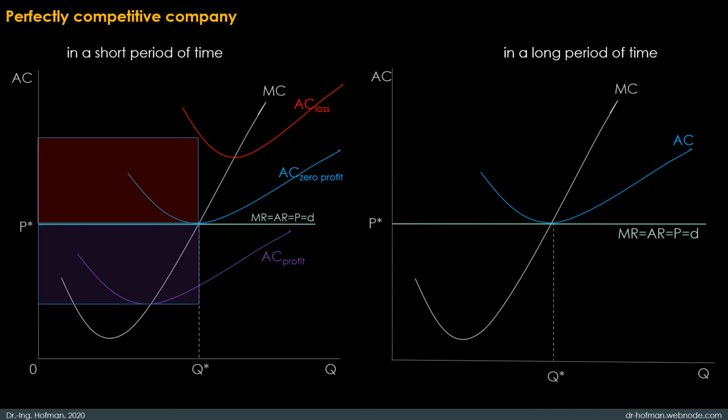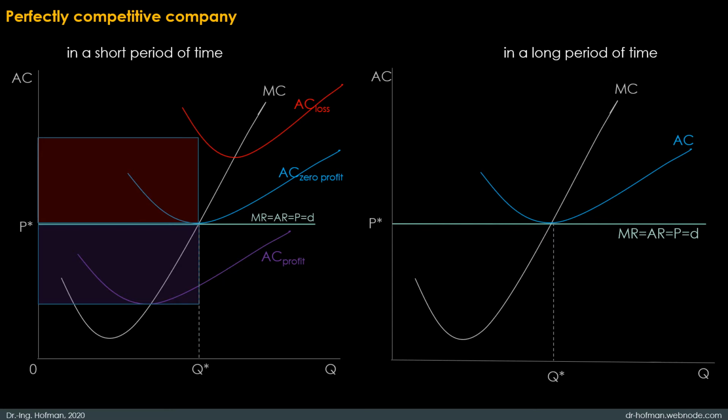In this case, the firm will continue to produce only if it's able to cover its variable costs. If the average cost is below the average revenue, the firm earns supernormal profits. You can see it in the purple shaded area.